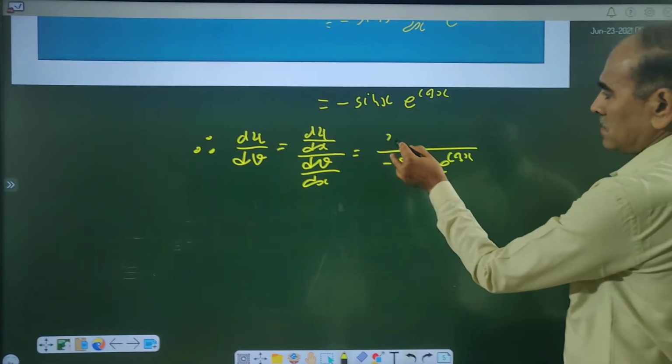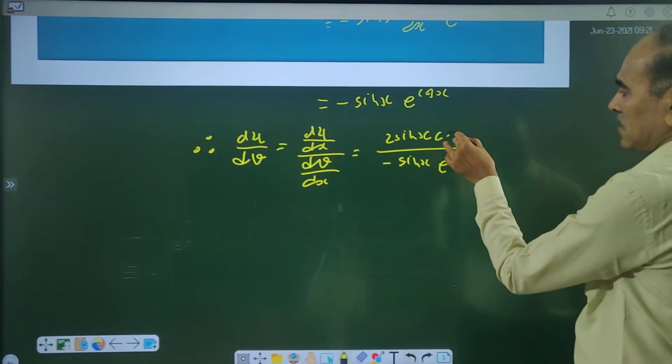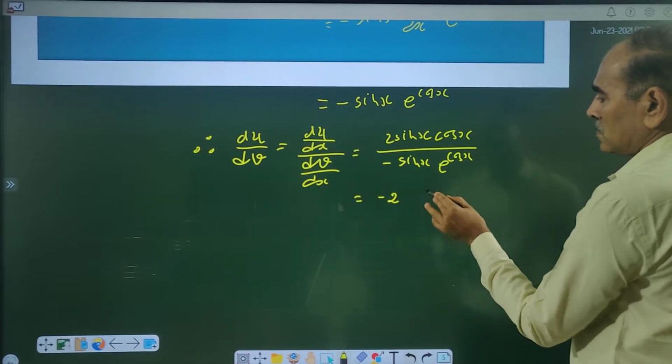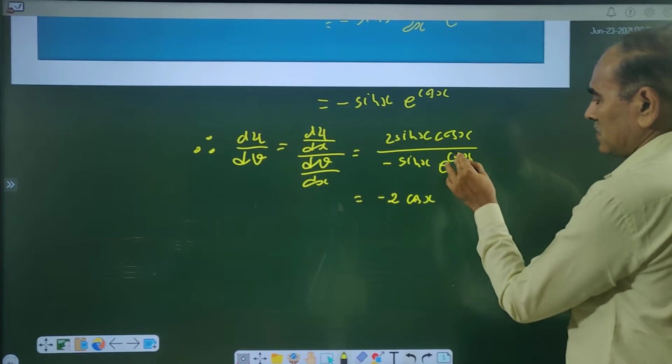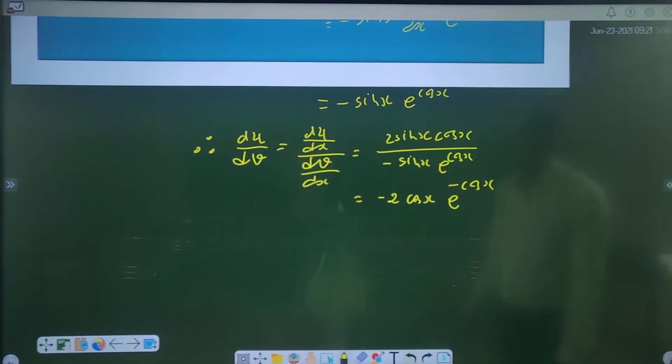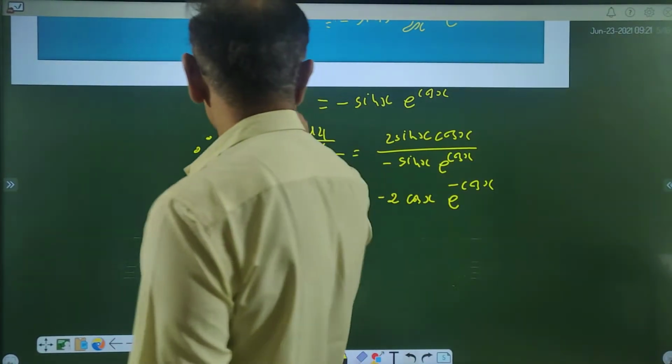Put here 2 sin x cos x; sin x gets cancelled, giving minus 2 cos x times 1 upon e raised to cos x, that is e raised to minus cos x. You can write it that way also. This is the derivative of the first function with respect to the other function.